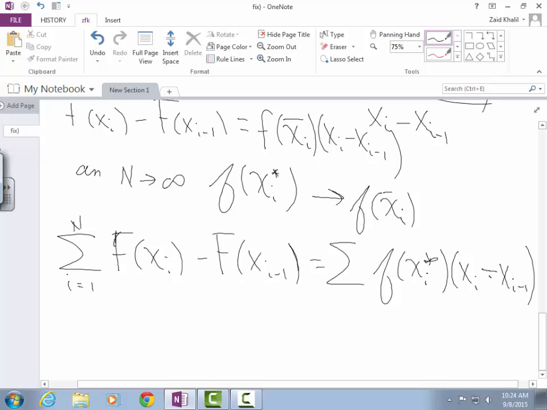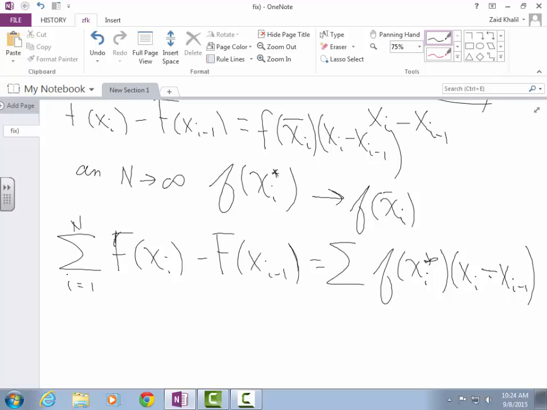But what's the beauty of this? Let's see if you guys can identify what the beauty is. Give you a second to talk about it. On the right-hand side, can we evaluate that sum? The answer is not really, not easily. We have to know the function at each of those points. But what about the left-hand side?